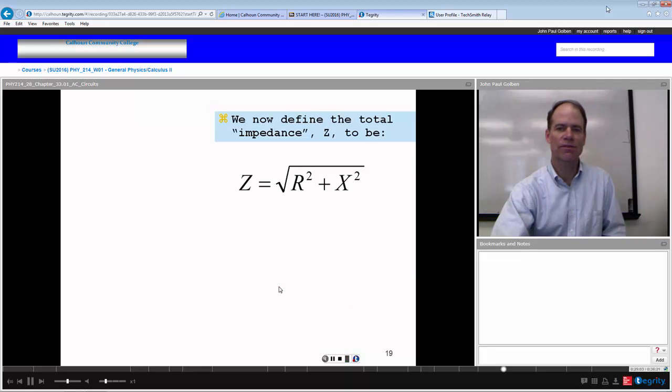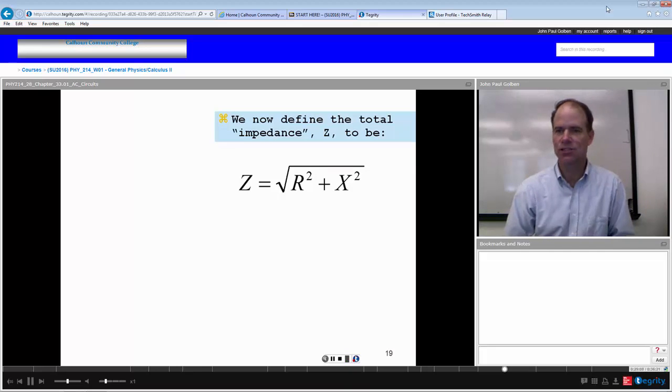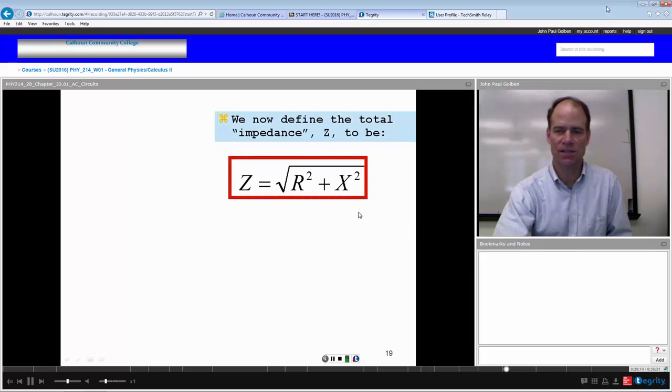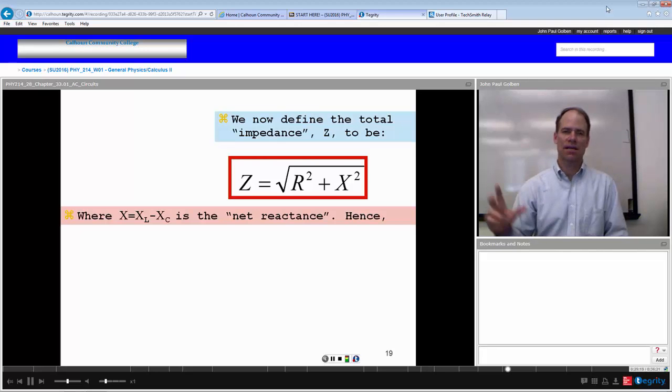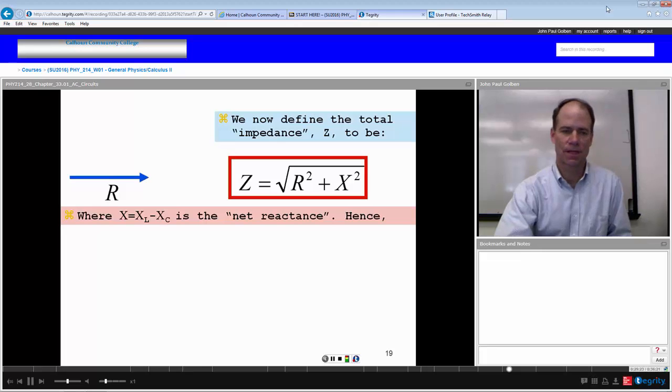Well, we now define what we call impedance, Z, to be equal to the square root of our resistance squared plus our net reactance squared, where our net reactance is equal to the inductive reactance minus the capacitive reactance. So it looked like this.